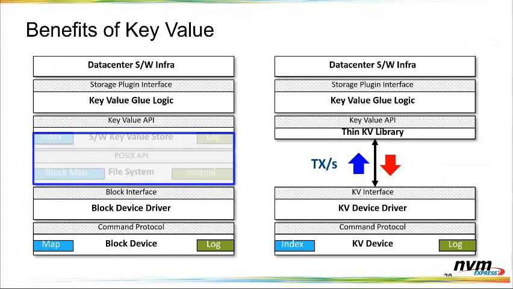You go through a POSIX API to get to the file system that does a block map of your index to a series of blocks, and you have a journal for that. And you finally get to a block interface. The block interface goes through the block device driver, and finally at the bottom gets down to your physical device.